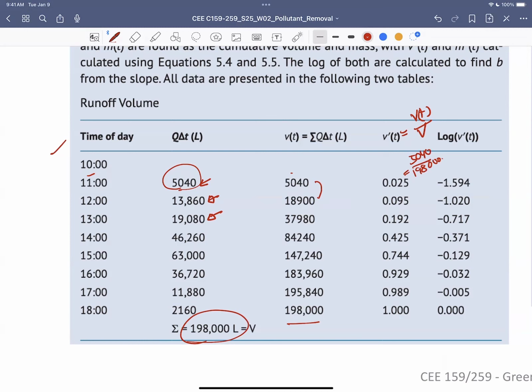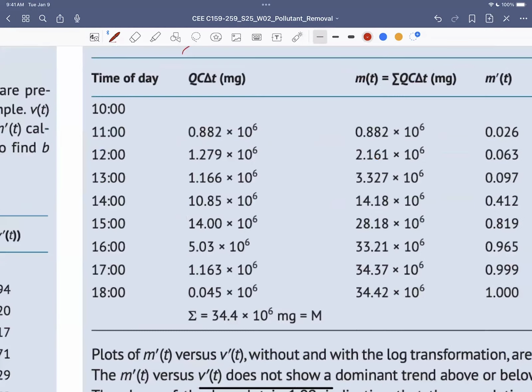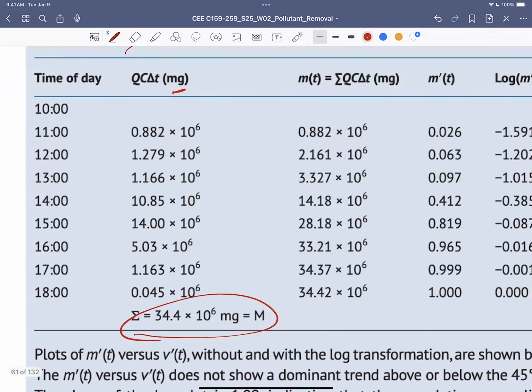Then if you take the log value, you get the answers. Same thing for mass. At different times, you know the concentrations, you multiply by the volume, and you get the mass of pollutant discharged. Then you divide by the total mass, and you get M_t by multiplying Q and C.